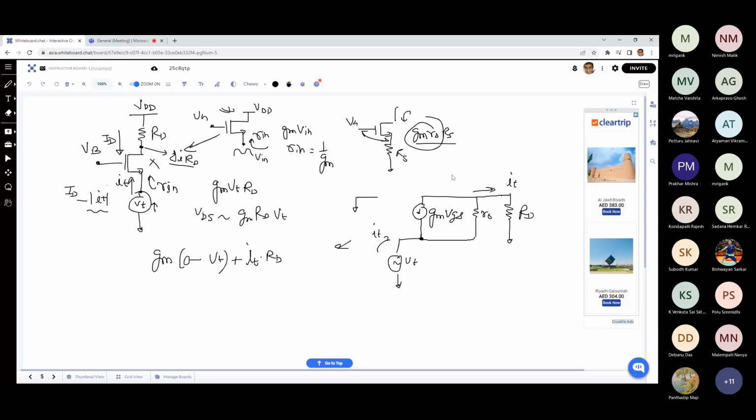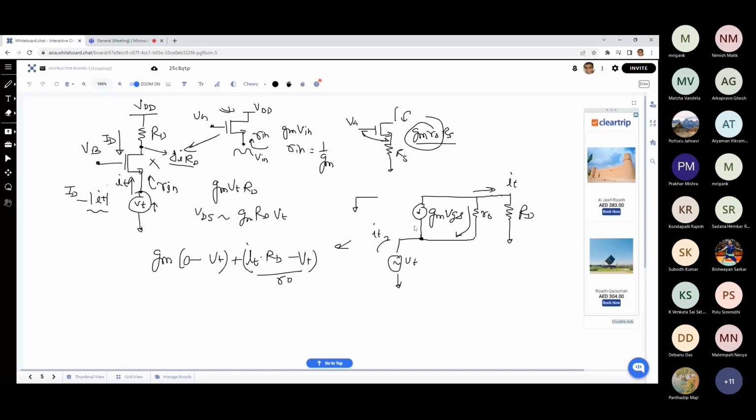So this is your output voltage VD. So IT times RD minus VT, because this is the current flowing into this path, divided by RO, is now the current. ITRD is this voltage, minus VT upon RO is the current flowing in this direction, and gm VGS is also current flowing in this direction.